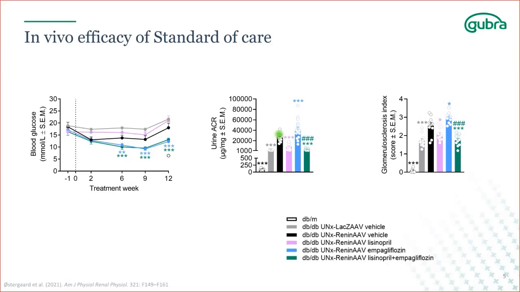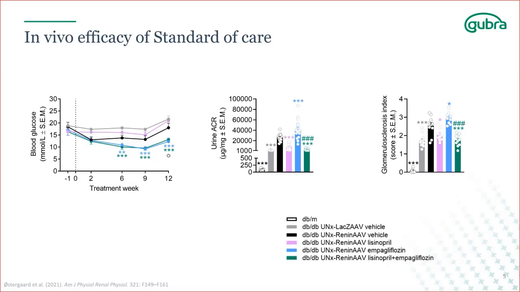The black bar is the vehicle-treated hypertensive diabetic mice. The green bars show a really nice effect of the combination treatment in terms of albuminuria. And the same thing looking at this histopathological parameter, glomerulosclerosis. Again, we see a really nice and expected effect of the combination treatment with these two standard of cares in the model.